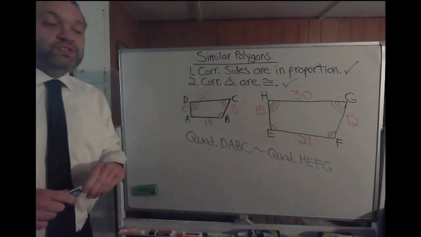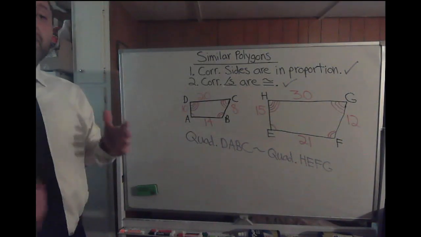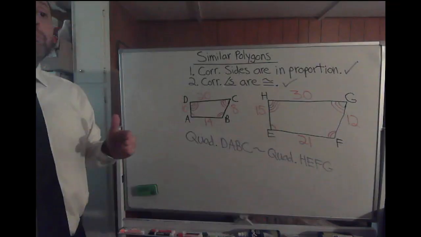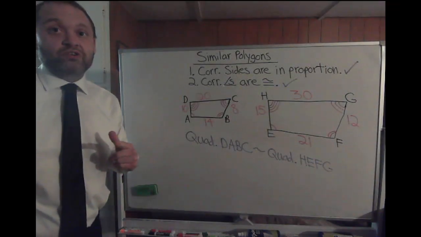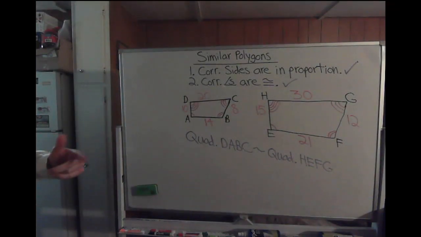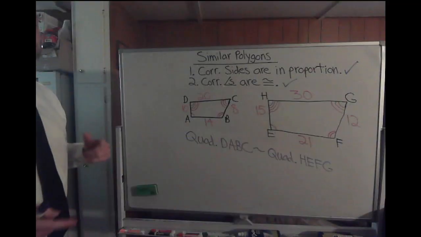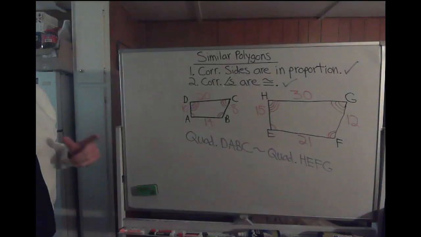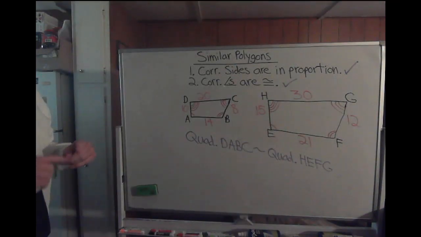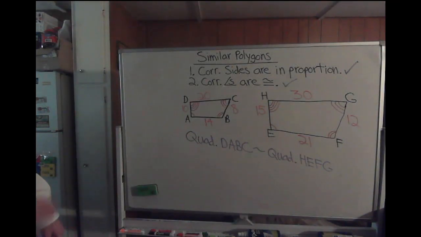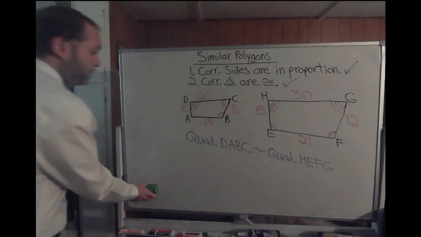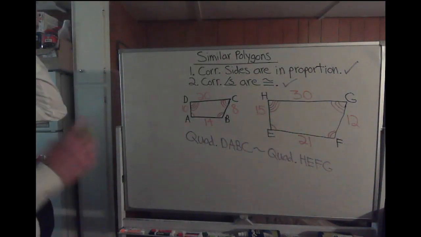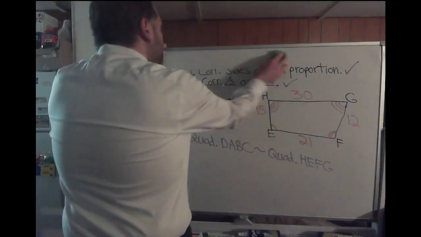So that proves that all congruent figures are similar, but not all similar figures are congruent. You see where I'm coming from? All congruent figures are similar because they have the scale factor 1 to 1 for every side, but not all similar figures are congruent. If there is any scale factor other than 1 to 1, they're not congruent. They're just similar. So that's an important thing to keep in mind.